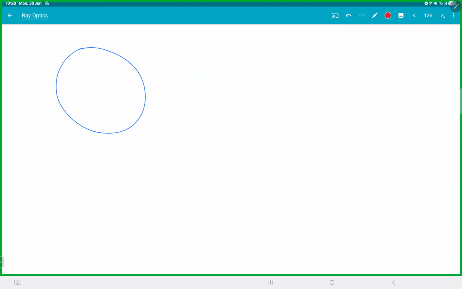So let's say the first refraction. Let's do each part. So object is here. Mu1 is 1. Mu2 is 2.